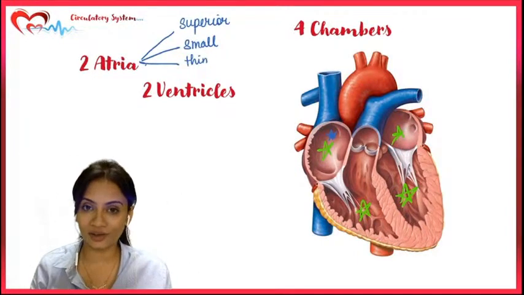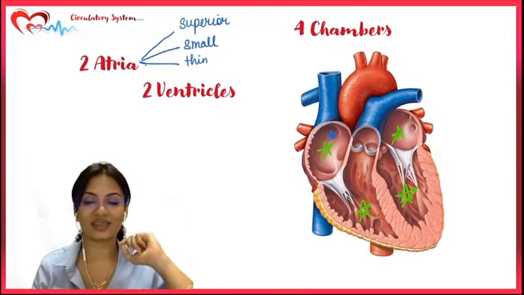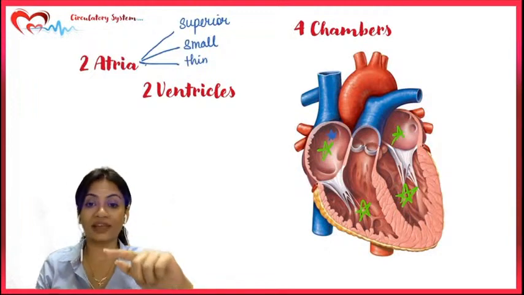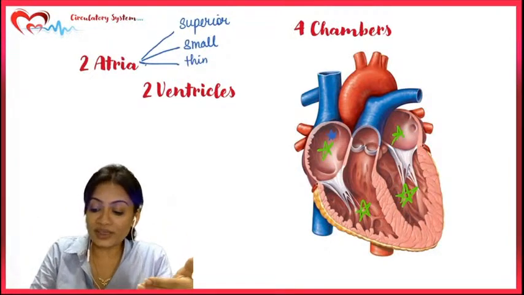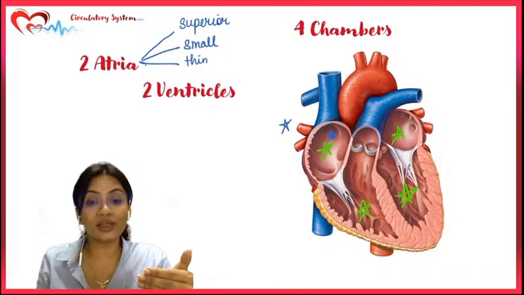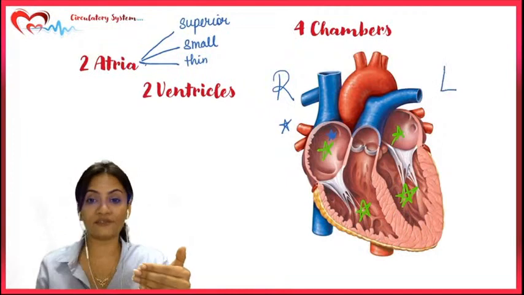Let's say you're a doctor examining a patient standing in front of you and this is his heart. Then which side would this be? Wouldn't this be his right side? And this would be his left side.